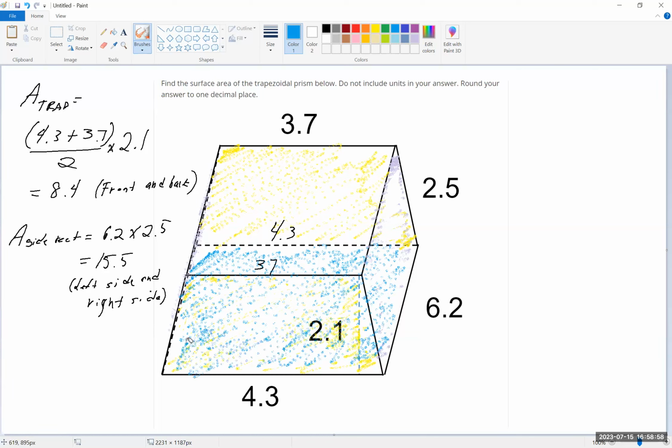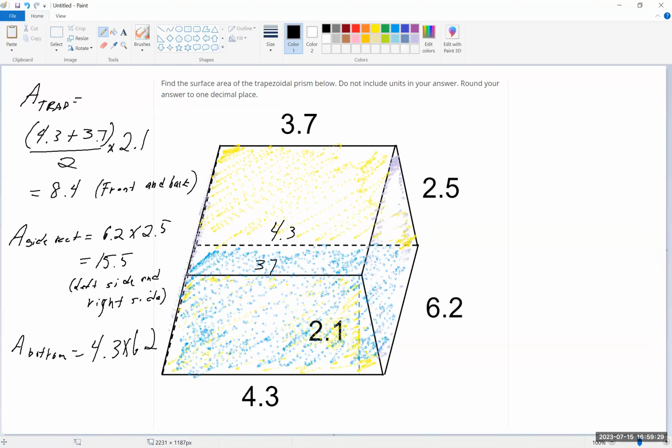Okay. That's a rectangle right there. And the dimensions of that rectangle, so area of bottom is 4.3 times 6.2.